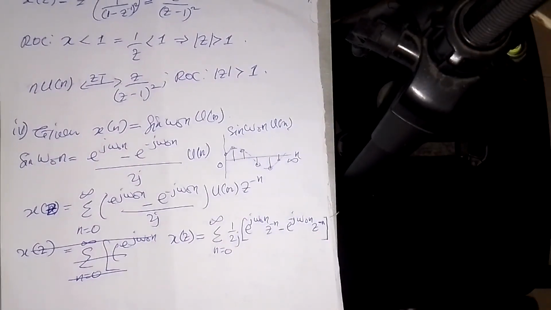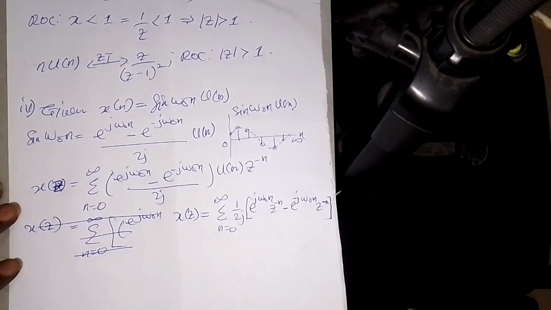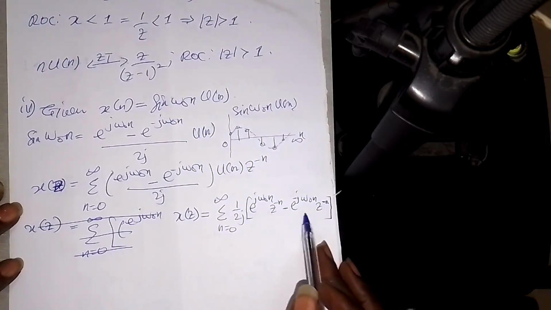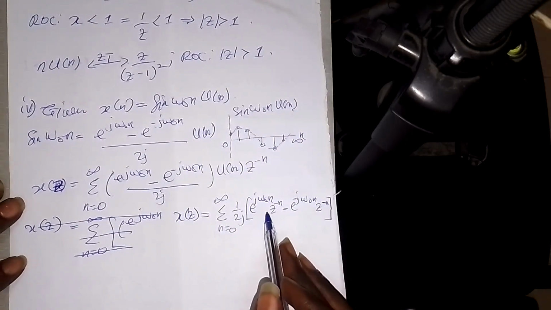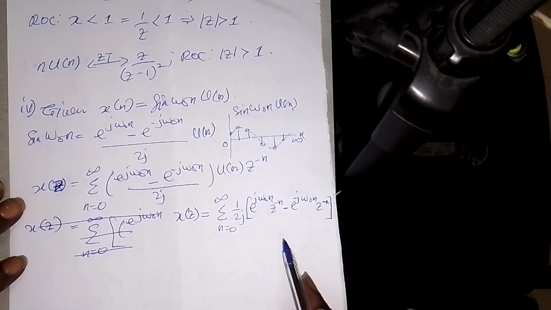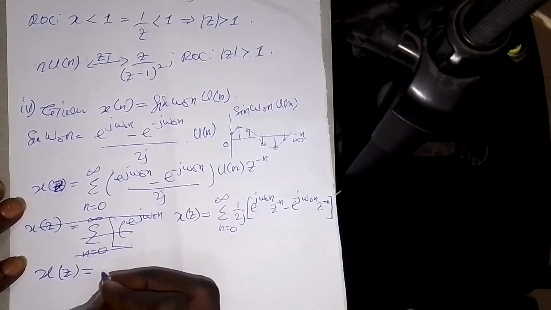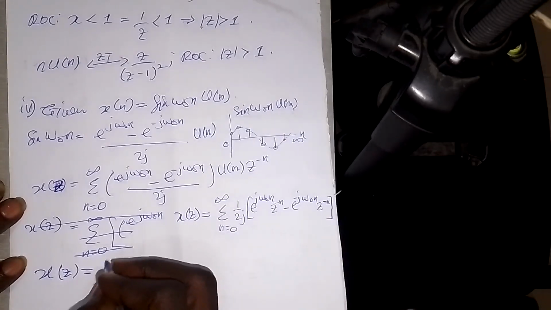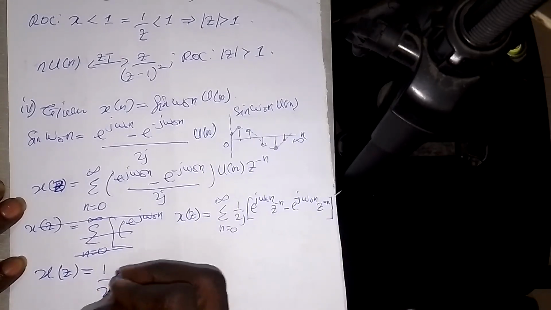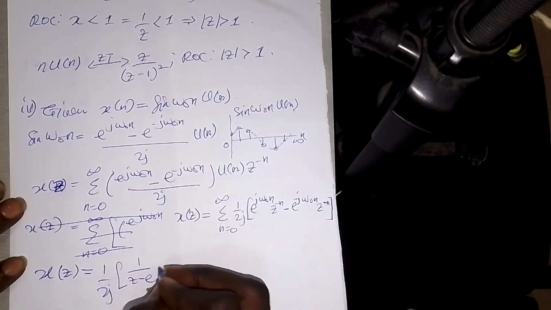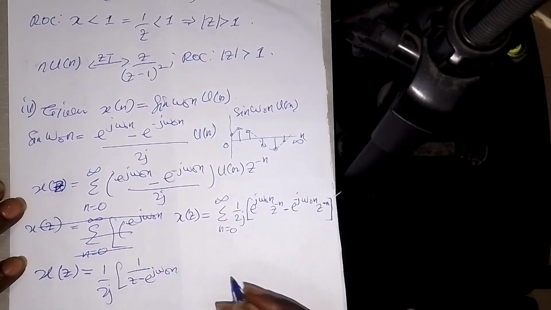Now if I apply the z transform to this one and to this one, for the z transform of this one I will get 1 over z minus this one. So X(z) equals, expanding this, 1 over 2j into 1 over z minus e^{jω₀} for the first one.